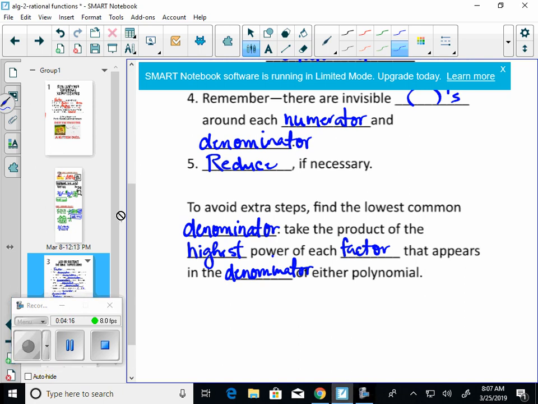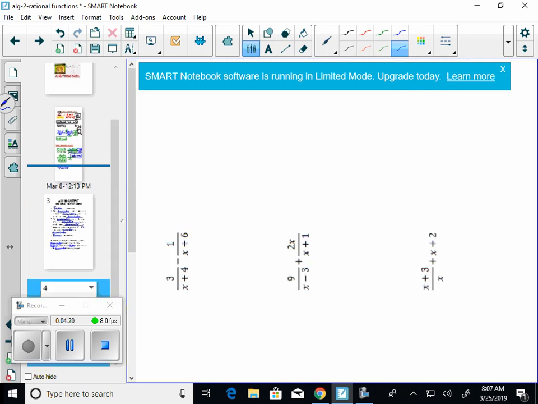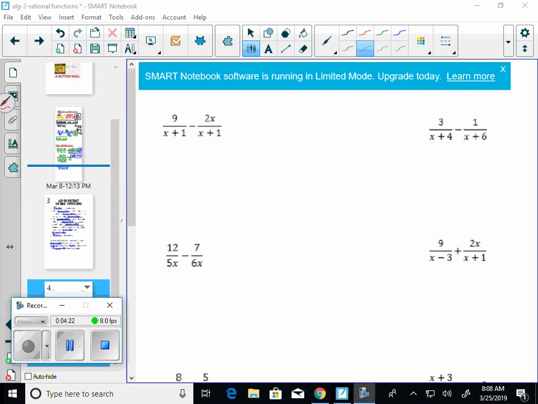So if we apply it, open up to the next page. All right, let's look at the first problem. It says 9 over x plus 1 minus 2x over x plus 1. So what I'm saying is that each of these numerators has a set of parentheses around it, and each of the denominators has a set of parentheses around it.